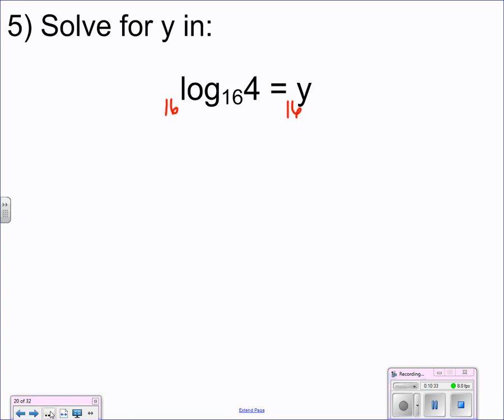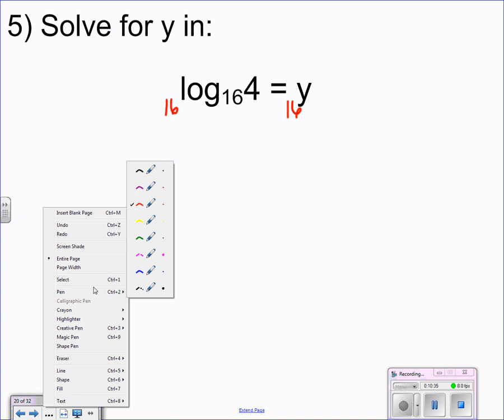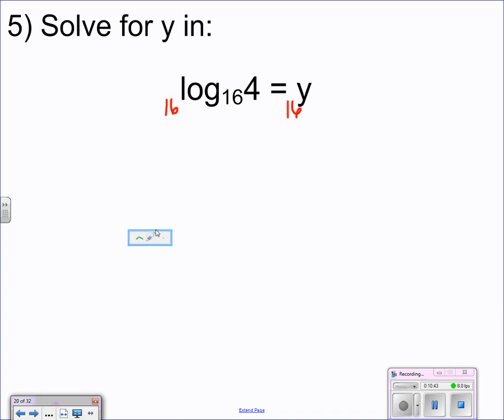When you do an exponential expression that has the same base number as the log, they cancel each other out. So this base 16 and this log base 16 disappear, which would leave me with 4 on the left. However, on the right hand side, I still have 16 to the power of y.